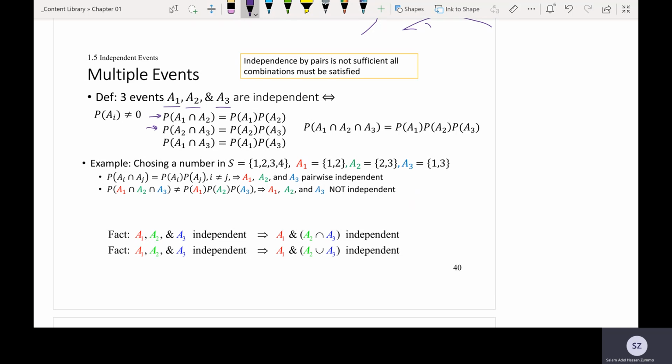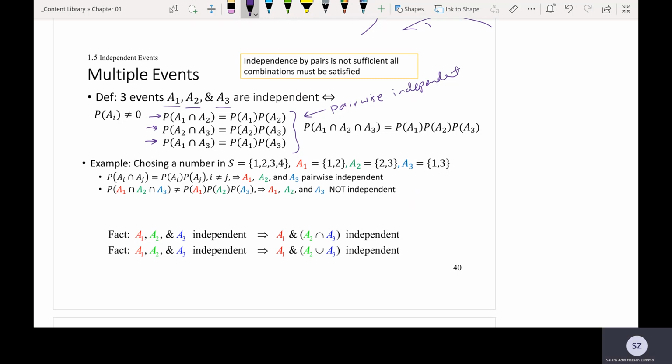The second intersection, the probability of A2 intersect A3, equals the product of A2 and A3, and also the third intersection, A1 and A3. This is called pairwise independent. So checking every two of them, they are independent.